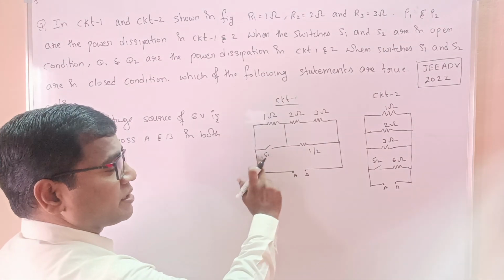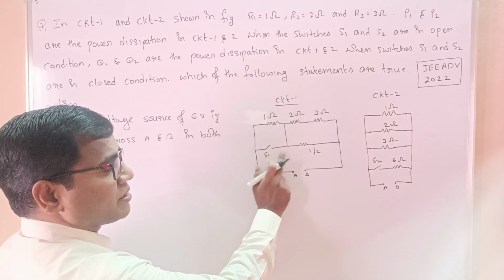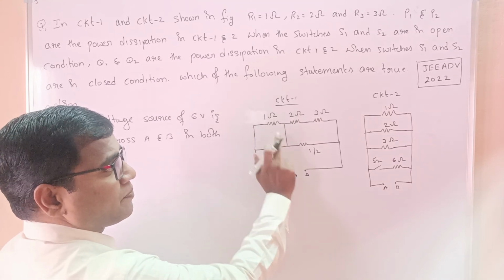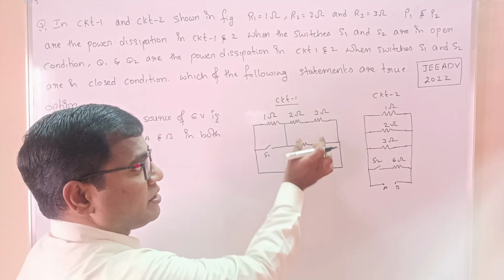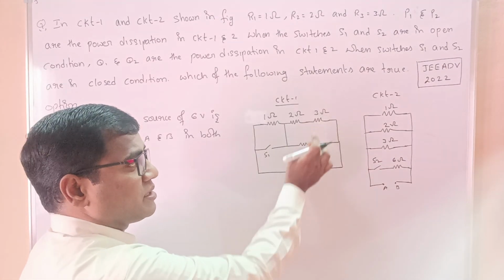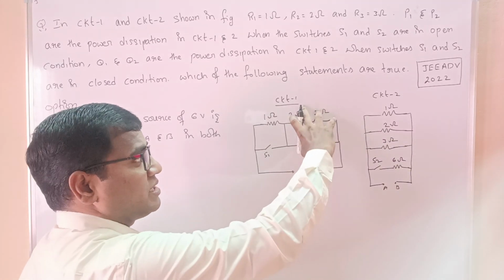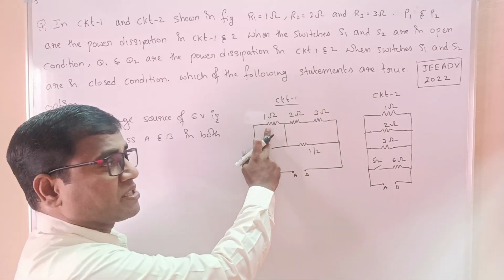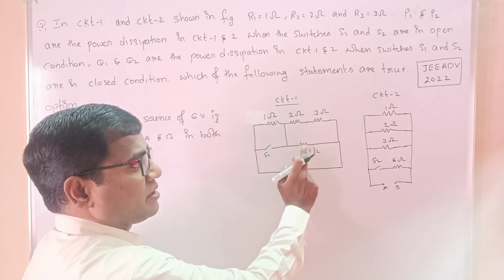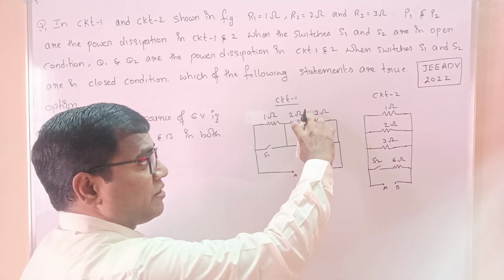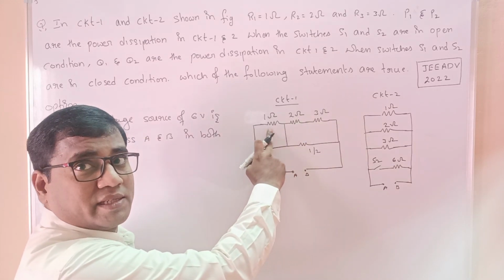If it is open condition, current will flow here. These 2, 3 are in series, with this 1 by 2 in parallel, and with the whole thing this one is in series.